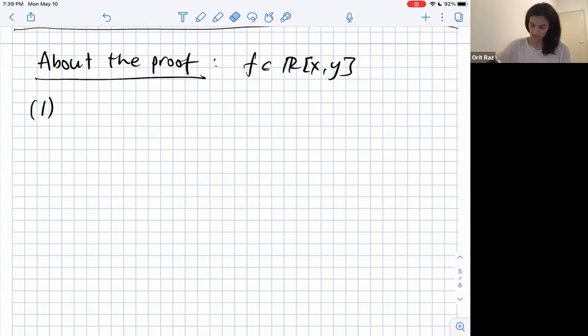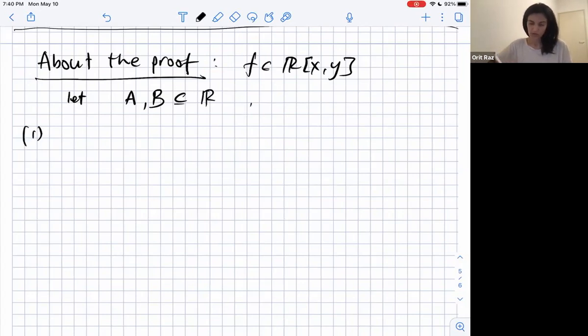Okay, so we fix A and B subsets. Maybe I should write it in the standard, so in the finite setting. So now these are finite subsets of R, and we want to show that f(A, B) is large, right? So now this is the finite setting.